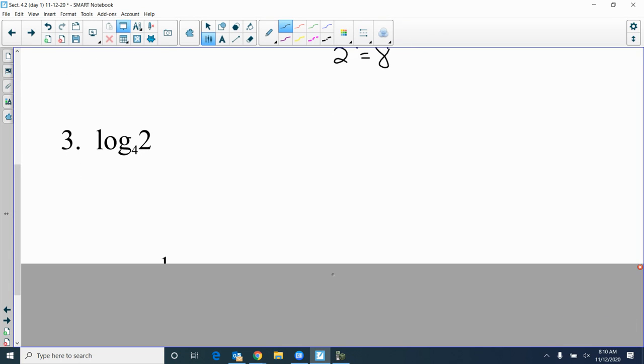All right, I want you to think about this one, so you can figure it out without using your calculator. Log base 4 of 2.